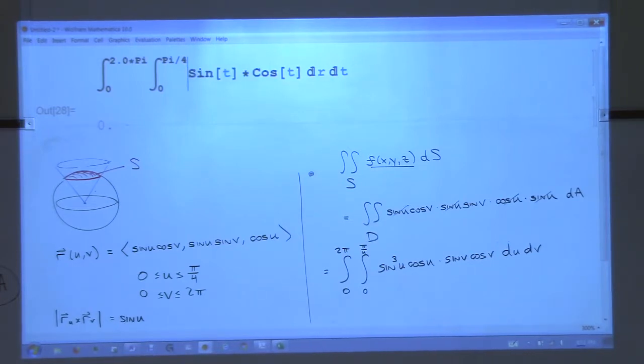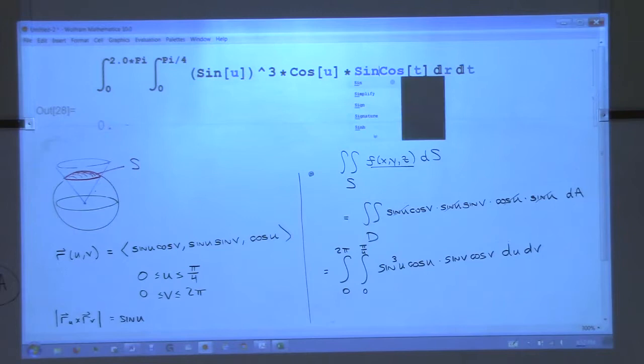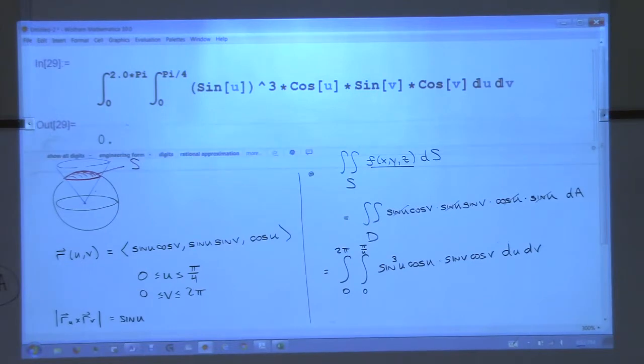We have sine of u cubed times cosine of u, and then times sine of v cosine of v du dv. I think we're good there. Oops. We get 0 again.